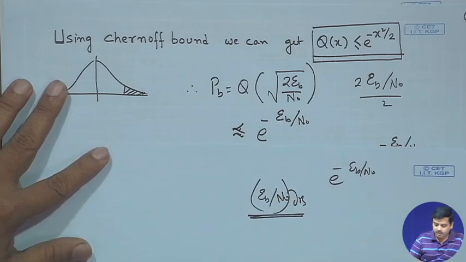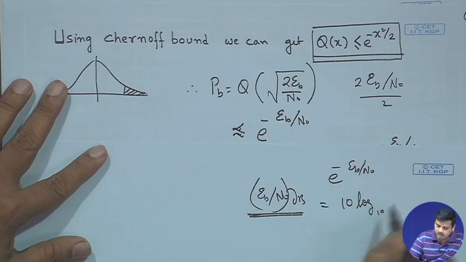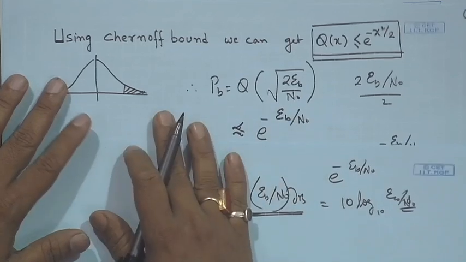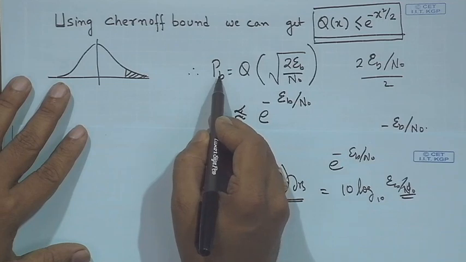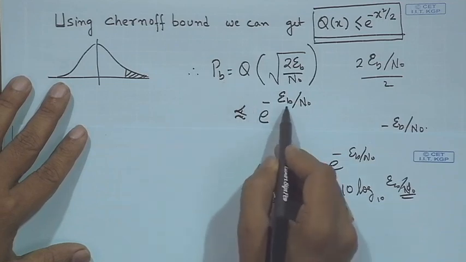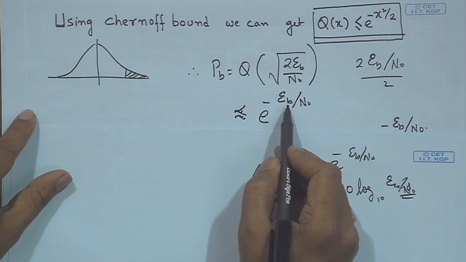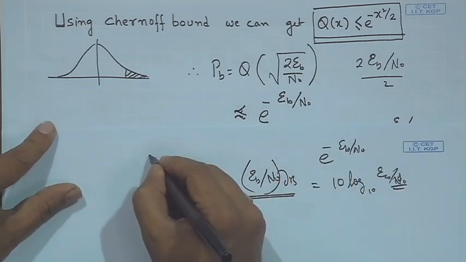E b by n naught in dB scale is calculated as 10 log base 10 E b by n naught. And what we can see, at least from here directly, is that the probability of error decreases exponentially with E b by n naught in AWGN channel for binary pulse amplitude modulation or BPSK.